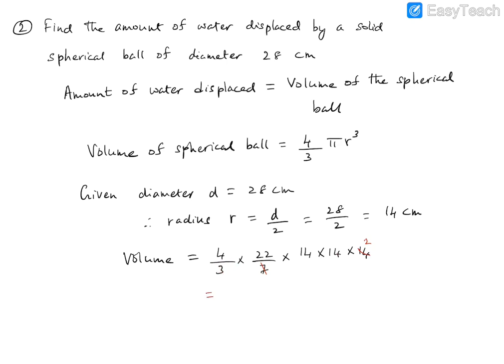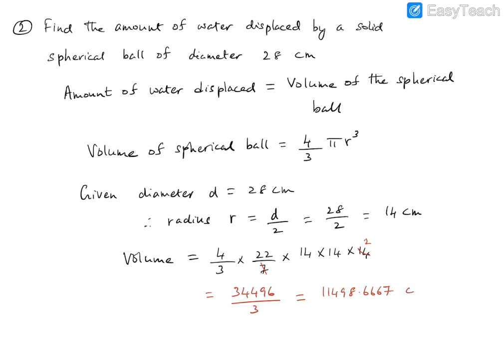So we get 34496 divided by 3, which is equal to 11498.666. It's a recurring decimal, 0.666, which will keep on going, so we can truncate at some point and make it 7.